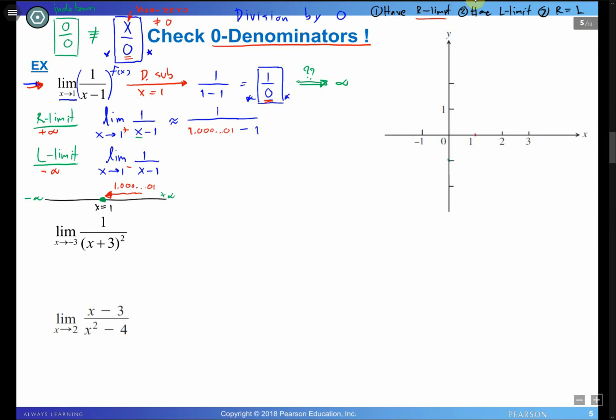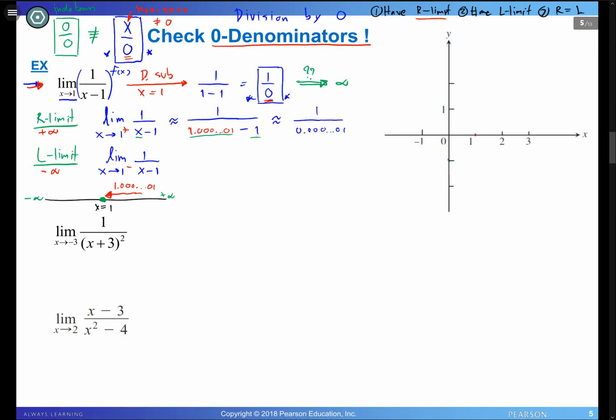Okay, so what do we have here? It's going to be about the same as 1 divided by 1.00001 minus 1. It's going to be about the same as 0.00001. Something like that. Okay, and that is for the right-hand limit.